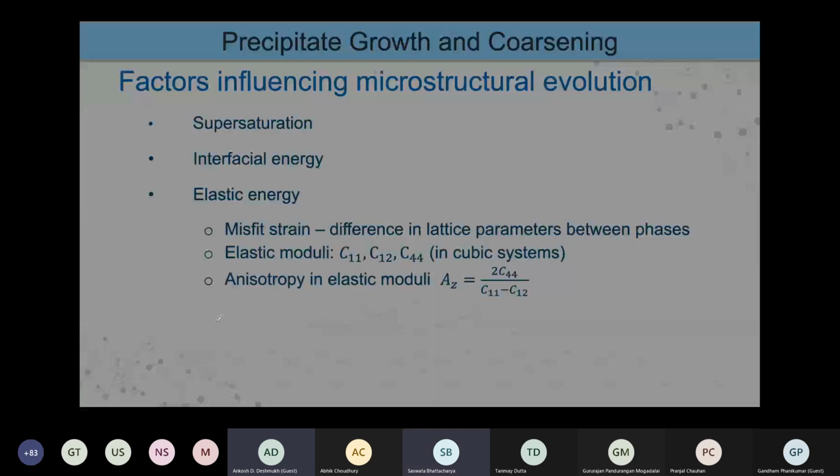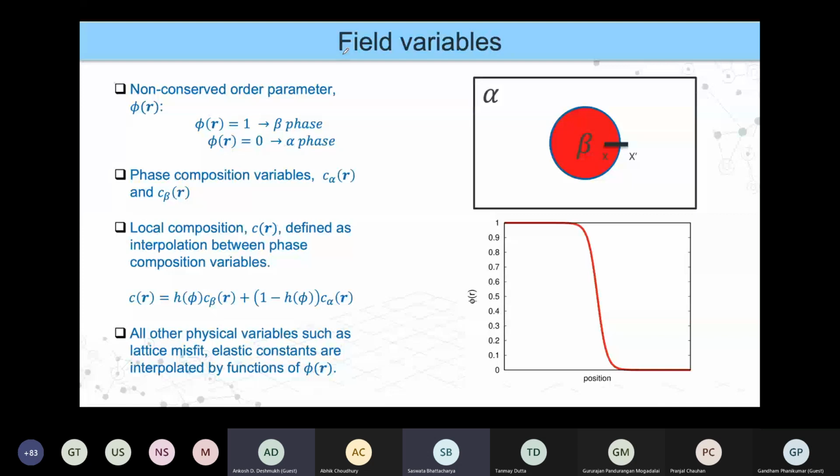So already it has been discussed from morning, so I don't want to bore you too much. As you can see in these precipitation models, you require a non-conserved order parameter field, or the phase field, where phi of r is equal to 1 for the beta phase and equal to 0 for the alpha phase, and this varies smoothly. And the phase composition variables in the KKS model, as you have seen, are the additional composition variables C alpha(r) and C beta(r).